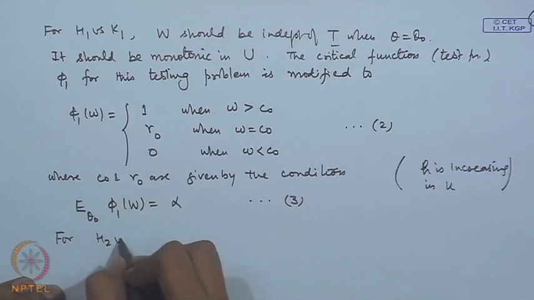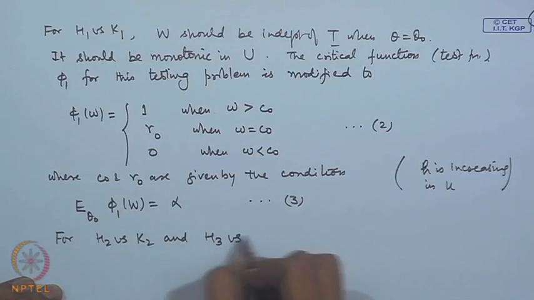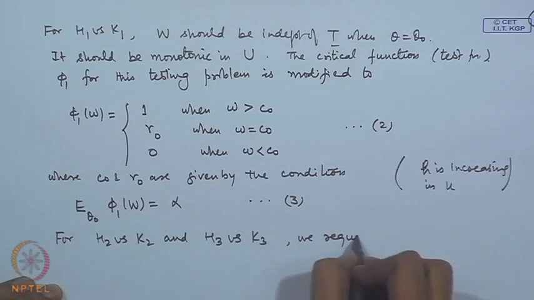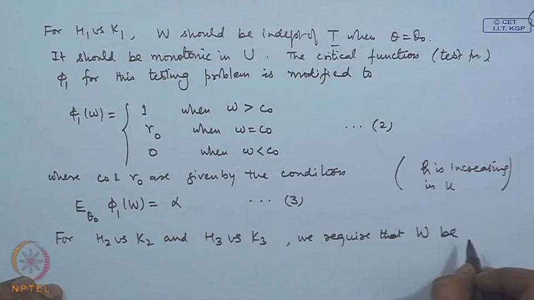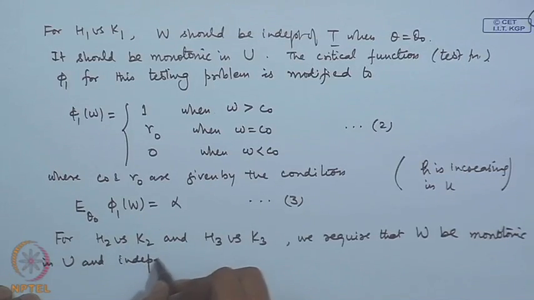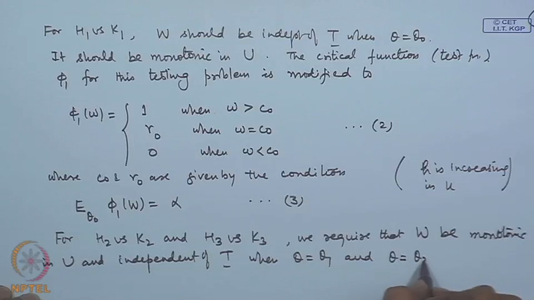For h 2 versus k 2 and h 3 versus k 3, we require that w be monotonic in u and independent of t when theta is equal to theta 1 and theta is equal to theta 2.